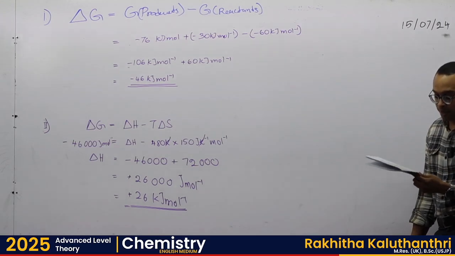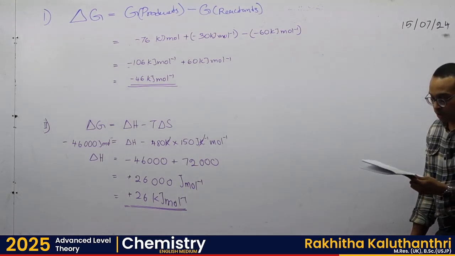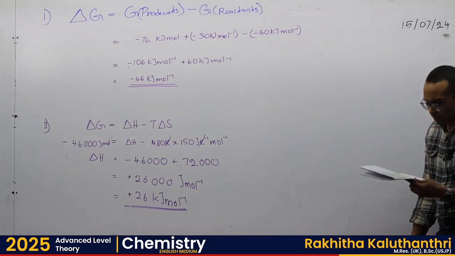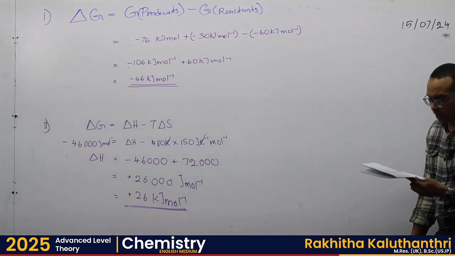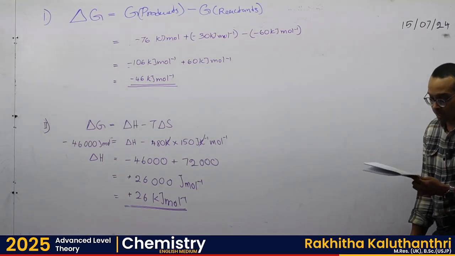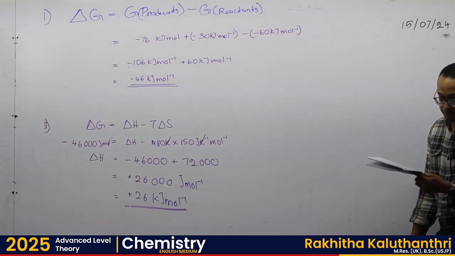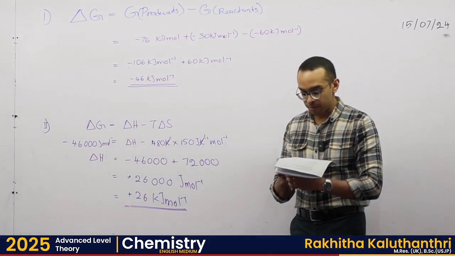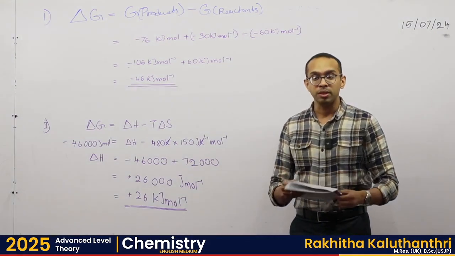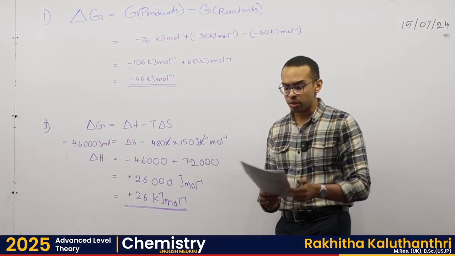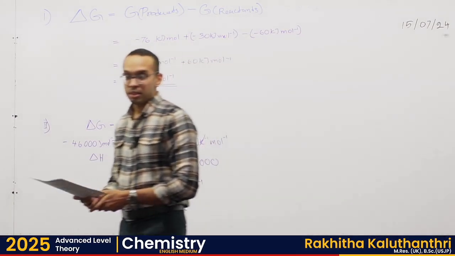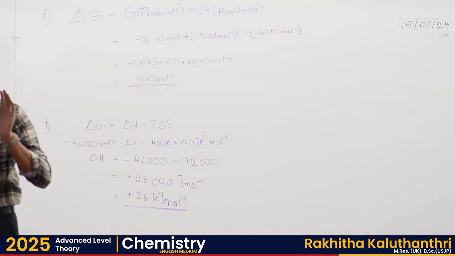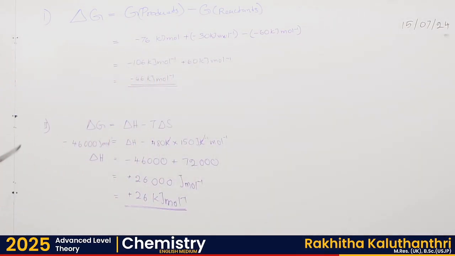Deduce the enthalpy difference for the formation of this particular gaseous compound XY2Z2 at 480 Kelvin. Did you do that? So what is the enthalpy difference? Minus 26 kilojoules.